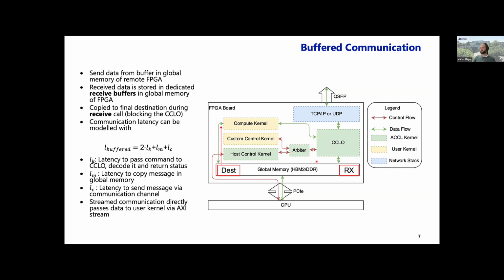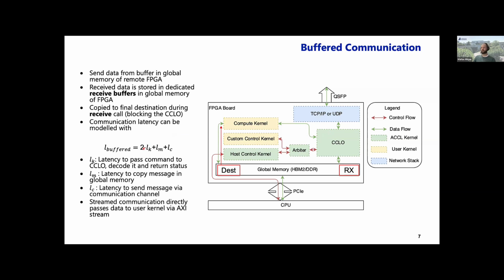With stream communication, we don't use the global memory, but instead, ACCL also offers ACCL streams for transferring data. In that case, we can directly send data from our compute kernel via an ACCL stream to the CCLO and send it over to a remote FPGA. And also the other way around, when we receive data, it can directly be forwarded via an ACCL stream to the compute kernel.